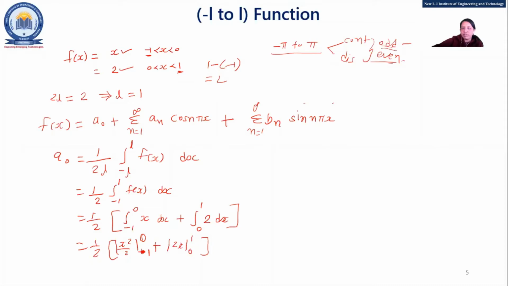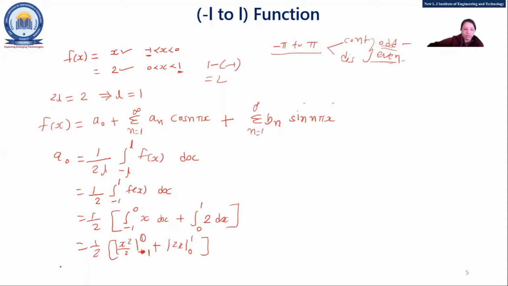Write down the answer into the chat box quickly. It will be easy. 3 by 2, 3 by 4. Why 3 by 2? You have to consider the 1 by 2 constant, right? Okay, fine. So the answer is 3 by 4. Simple, right?